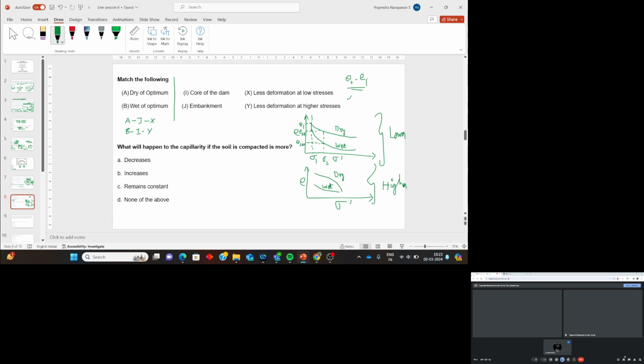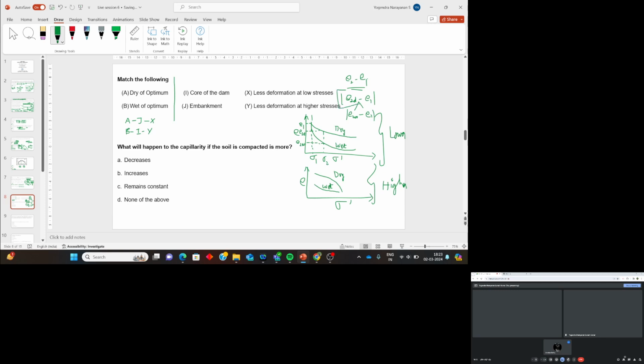Now compare the magnitude of e2 dry minus e1 and e2 wet minus e1. Which is more? Obviously e2 wet minus e1 is greater than this one.